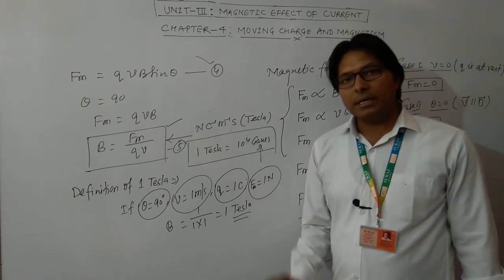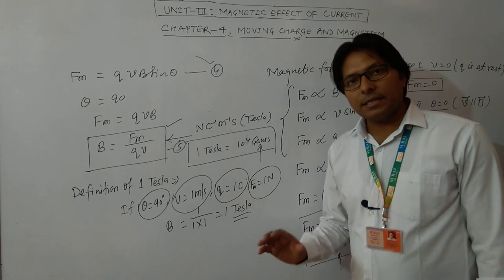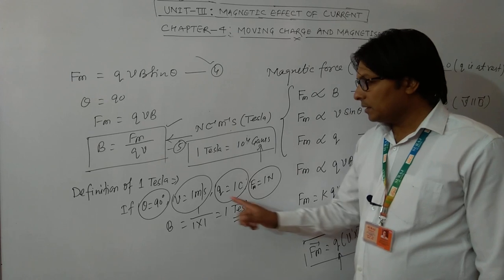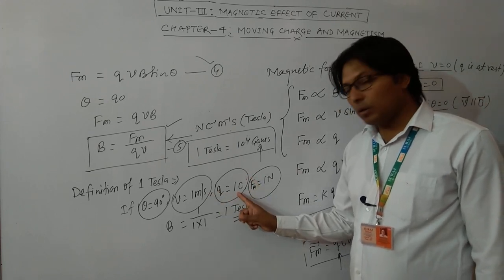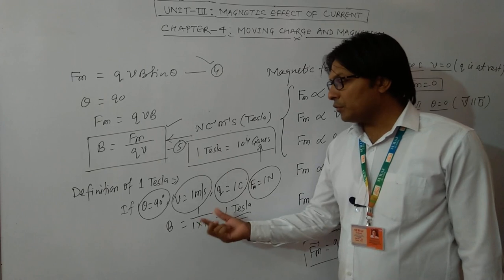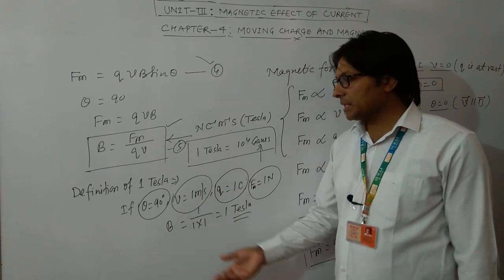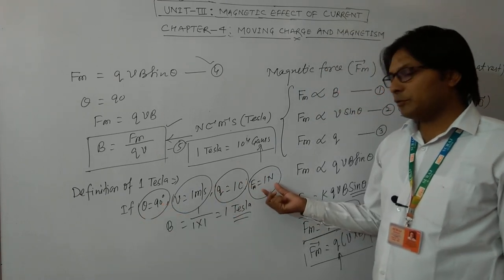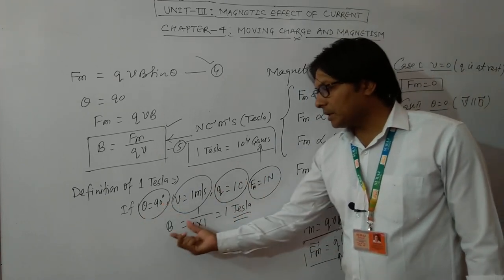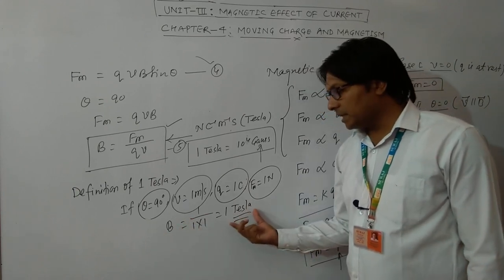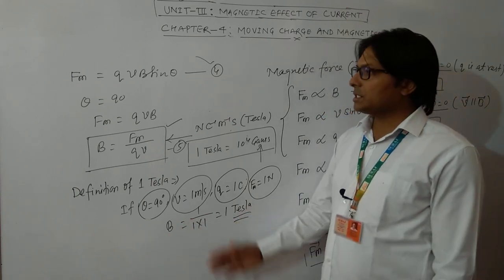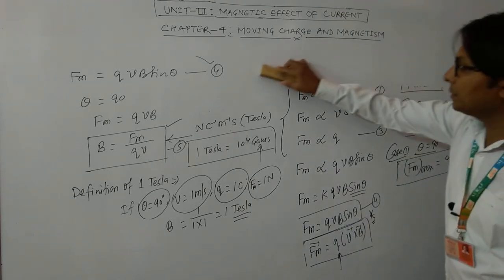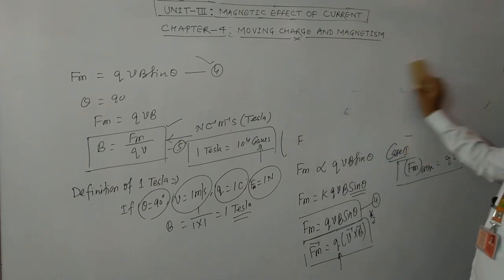You can note it down: when a charged particle of 1 coulomb, or unit charge, moving with unit velocity, 1 meter per second, in the perpendicular direction of the magnetic field experiences a force of 1 Newton, then the magnitude of that magnetic field is said to be 1 Tesla. So this is how we can define the unit Tesla.